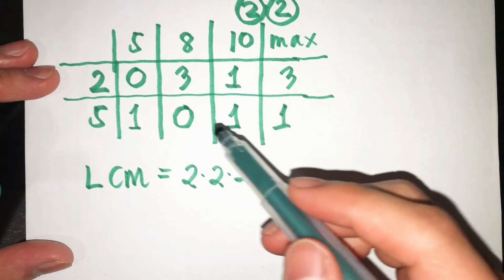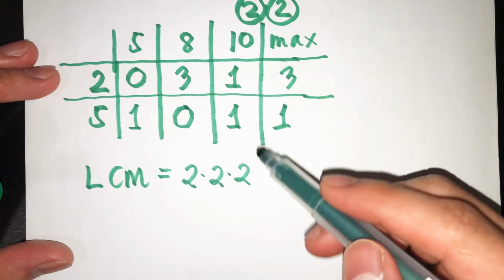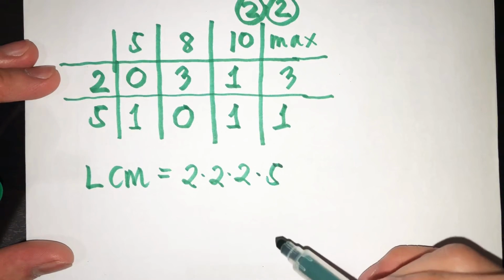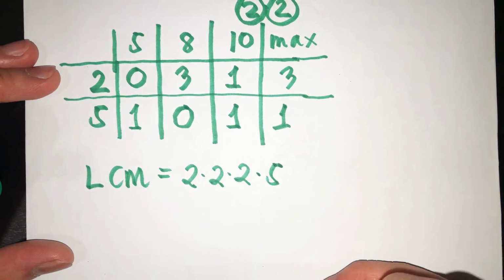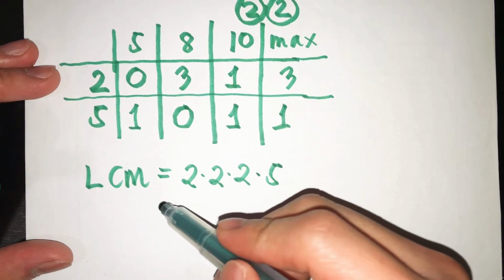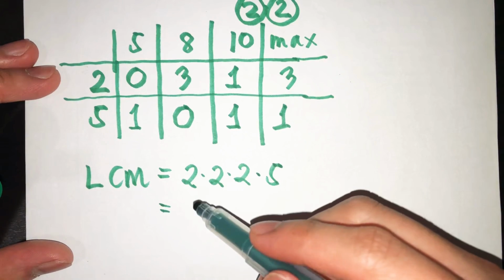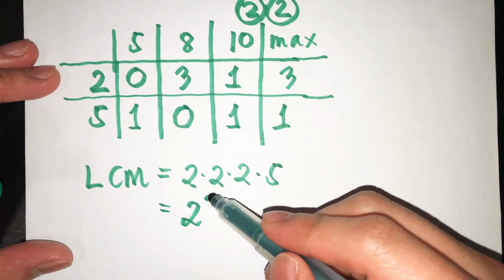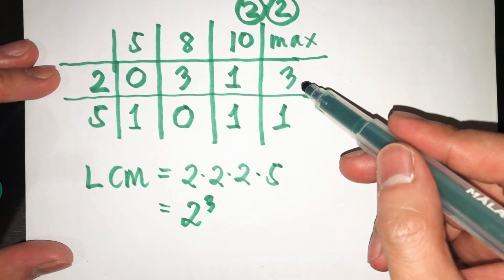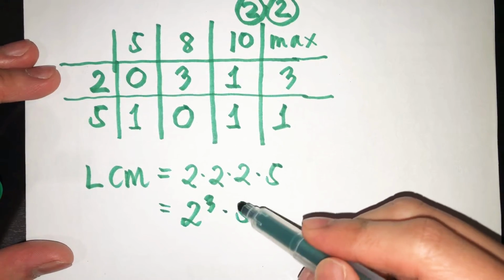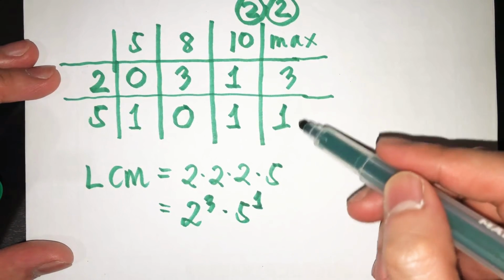Okay, then for 5 it's only 1, so times 5. So if we write this in exponential form, we have 2 raised to 3, then times 5 raised to 1.